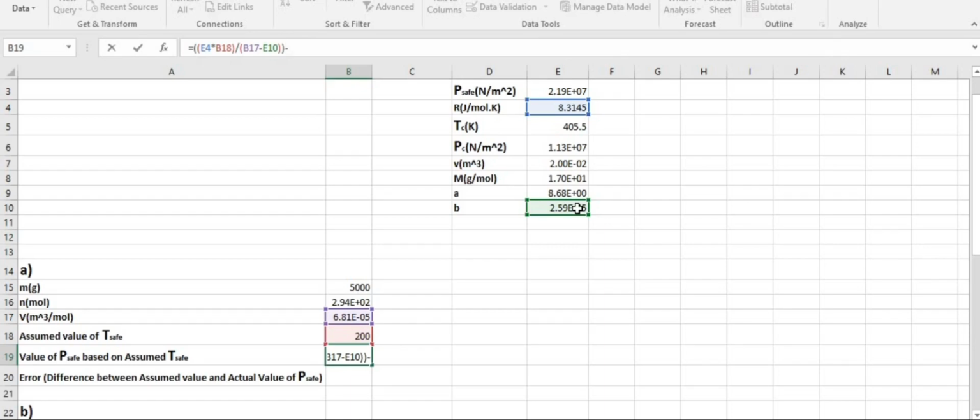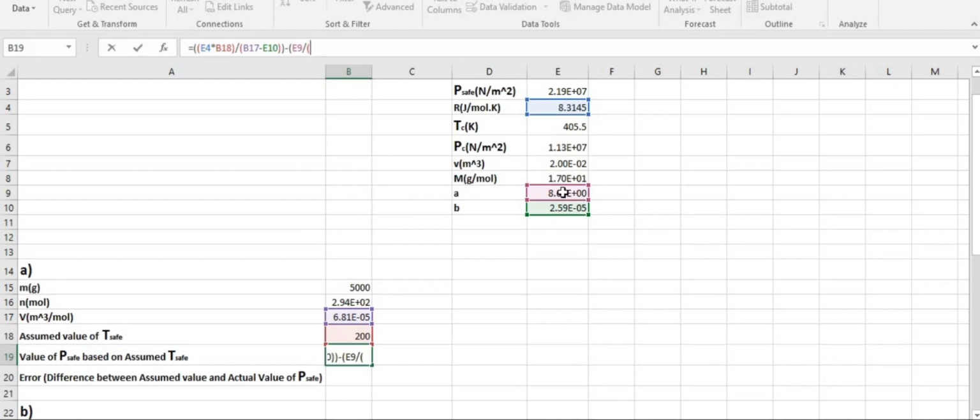Then minus the second part of the equation with the first bracket, and then the value of a here divided by, you have another bracket for the denominator. The numerator doesn't really need a bracket because it's just one value.